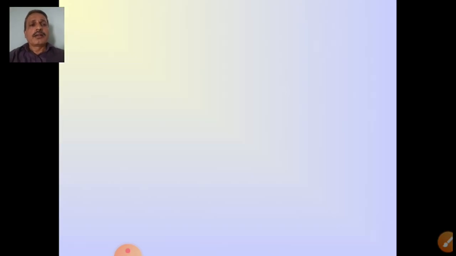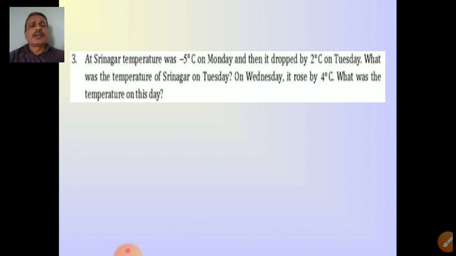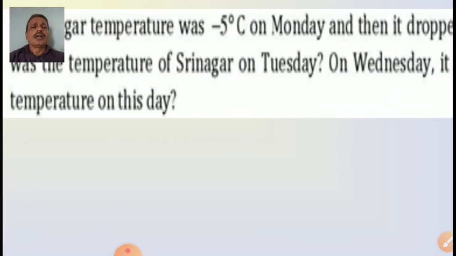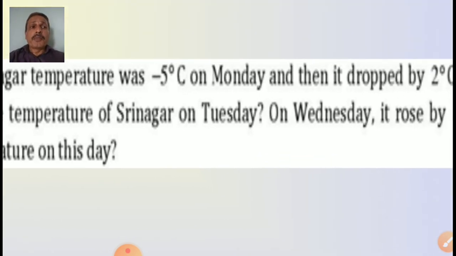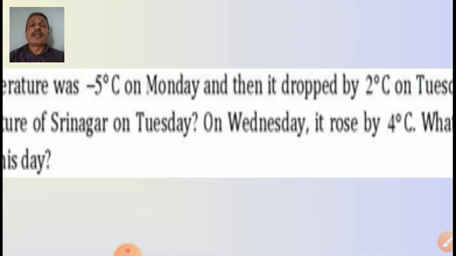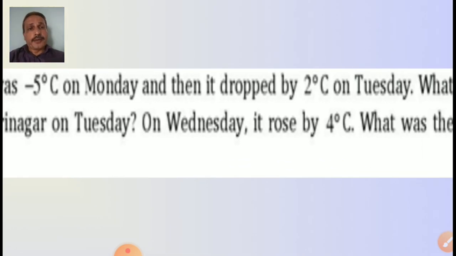Now look at the third question. Third question is here. Now at Srinagar, temperature was -5 degrees centigrade on Monday, and then it dropped by 2 degrees centigrade on Tuesday.